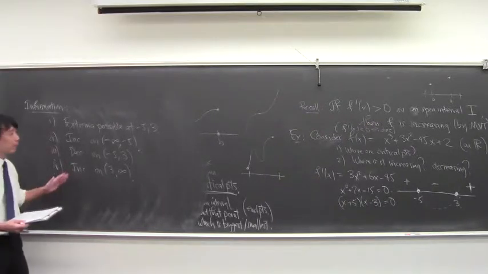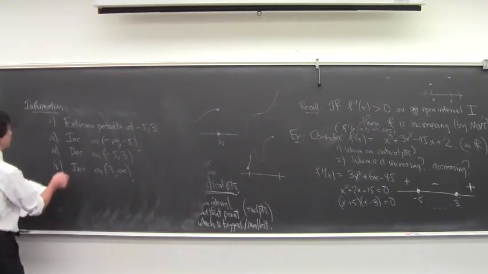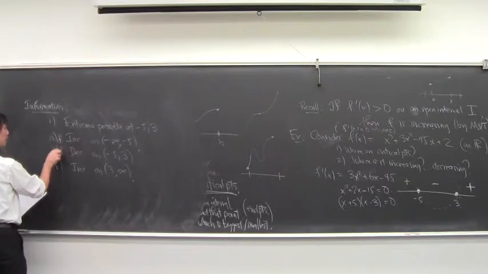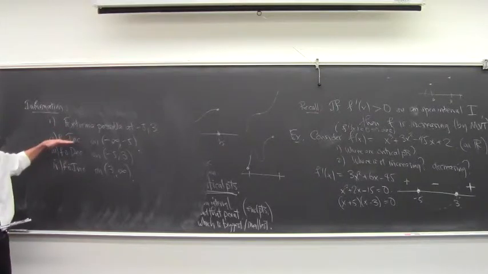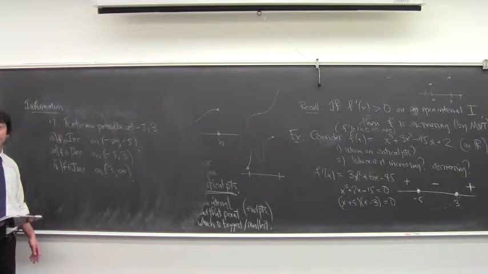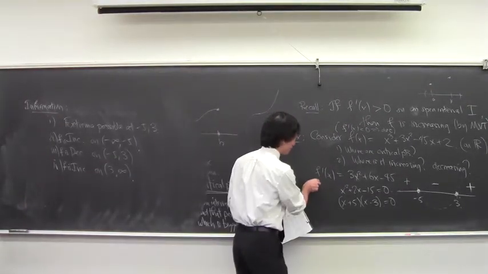So the original function f is increasing at the beginning, then it decreases, then it increases again. Yeah, Sarah? What do you mean by increasing? Because it seems like the function is going down.